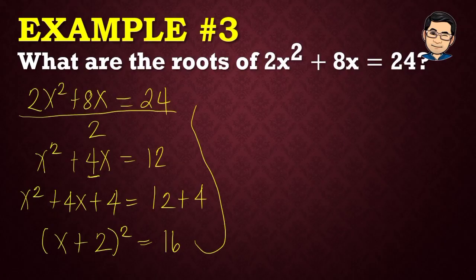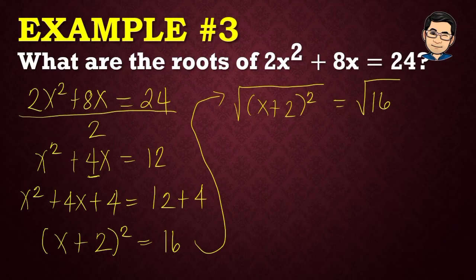So, dito ulit. Tapos, subtract natin both sides para matanggal yung squared. Ayan. And then, matatanggal to. Mga radical symbol. Magiging x plus 2 equals positive, negative, the square root of 16, 4.